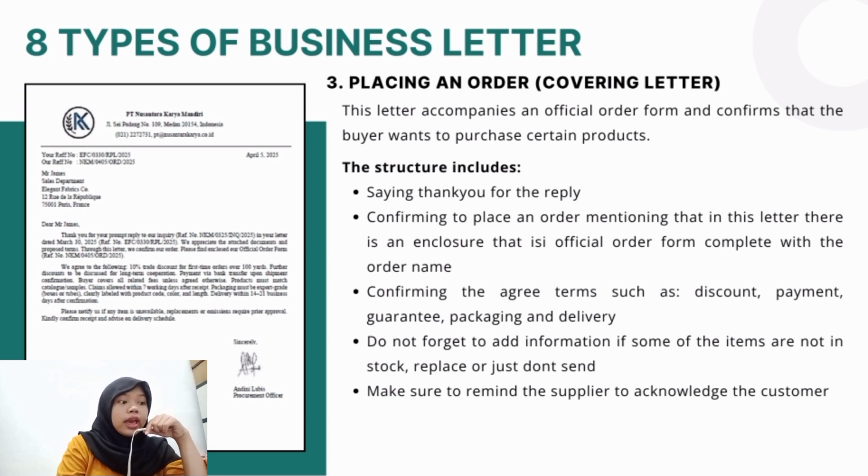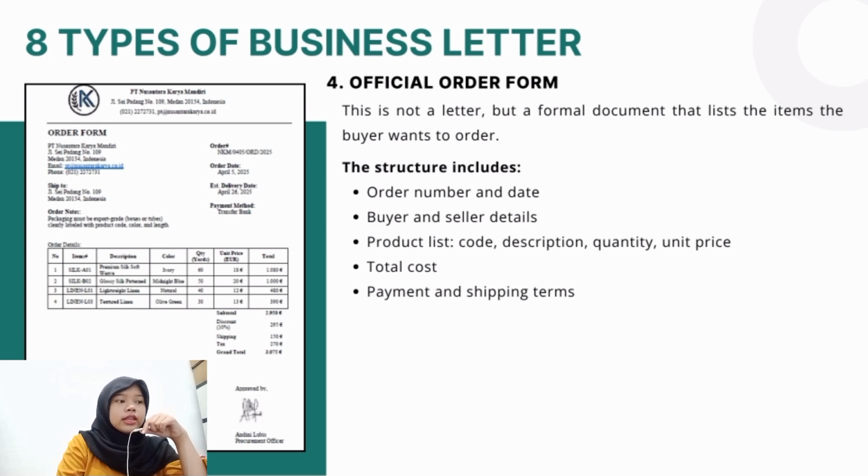Do not forget to add information. If some of the items are not in stock, replace, or just don't send. Make sure to remind the supplier to acknowledge the customer. The fourth is official order form. This is not a letter, but a formal document that lists the items the buyer wants to order.